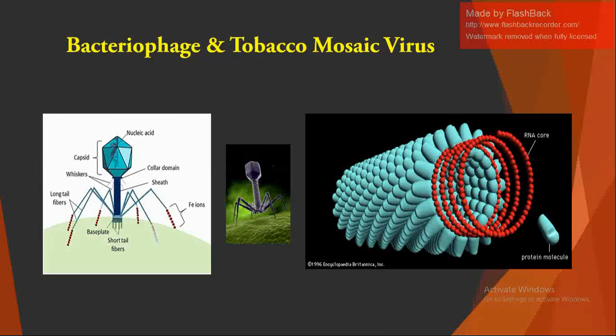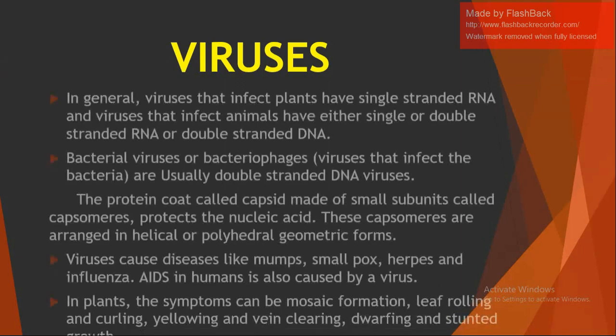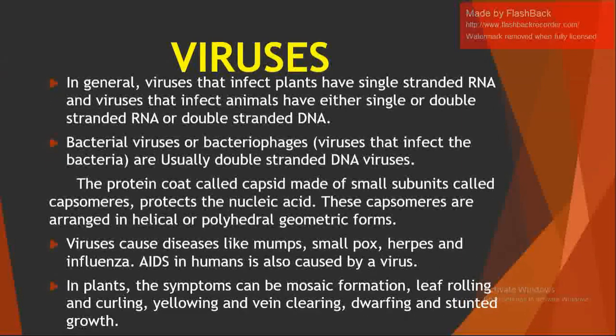Okay, capsid or capsomere means the protein content of a virus. Okay, so these are the two different viruses mentioned in our syllabus. So you have to practice the diagrams of the bacteriophage and tobacco mosaic virus.